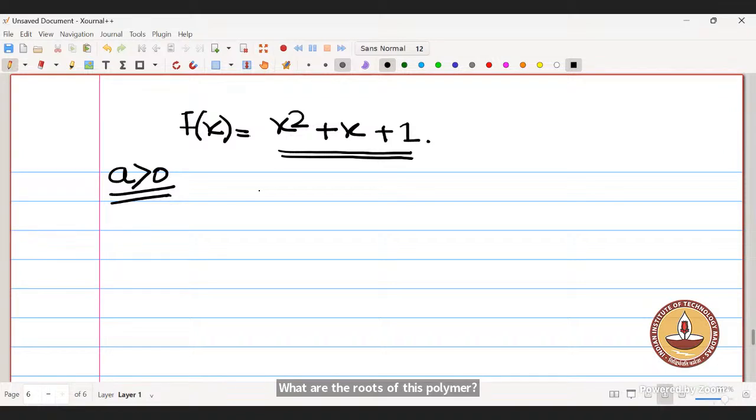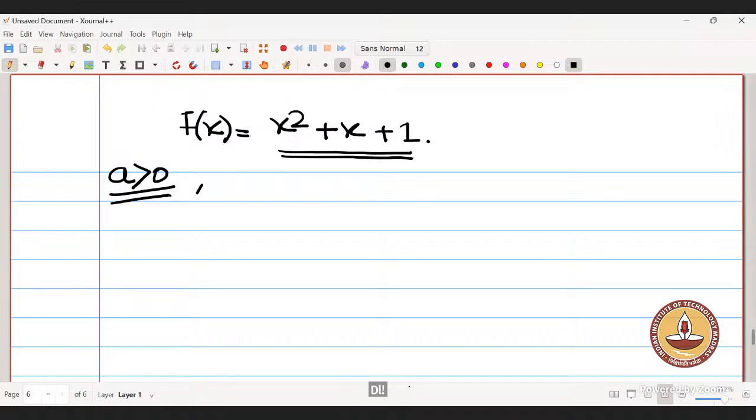So this quadratic is always positive. I'm asking about the roots. You tell me, what are the roots of this polynomial? Is it real? Sir, imaginary. Imaginary, right?